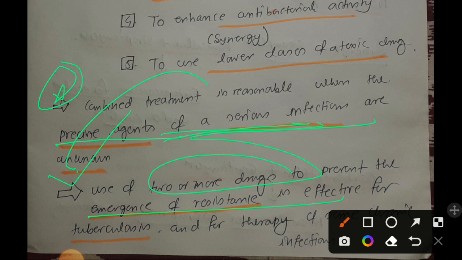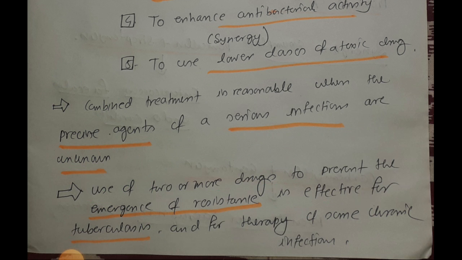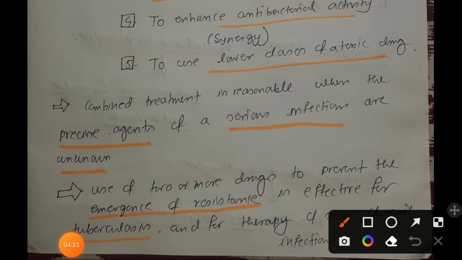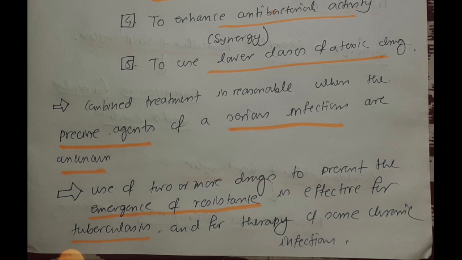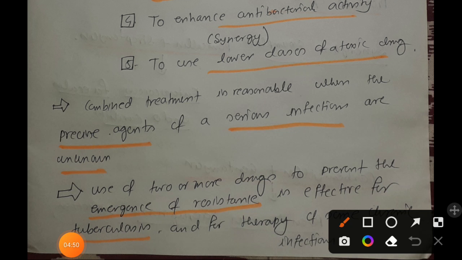And it is mostly observed in the case of tuberculosis treatment, because you know what, we are using 4 drugs together to treat tuberculosis. If I find it important to make a video on tuberculosis, then we will discuss tuberculosis in detail. So there are 4 drugs.